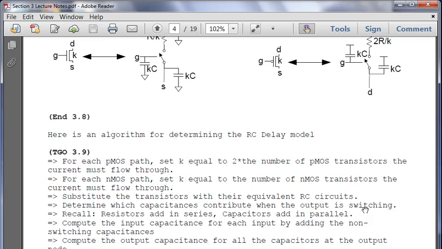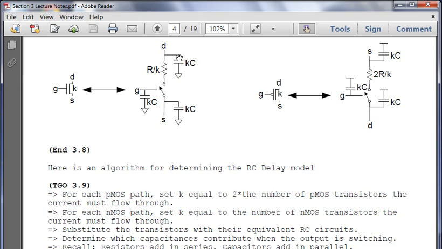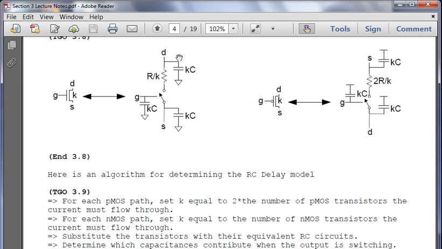And you're going to compute the input capacitance for each input by adding the non-switching capacitances. So scrolling up here, you see how this capacitor is affected by the switching, and this one isn't because it's tied to the supply voltage no matter what. I'm sorry, this is the NMOS.